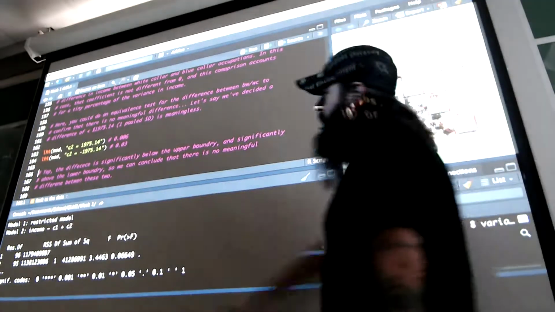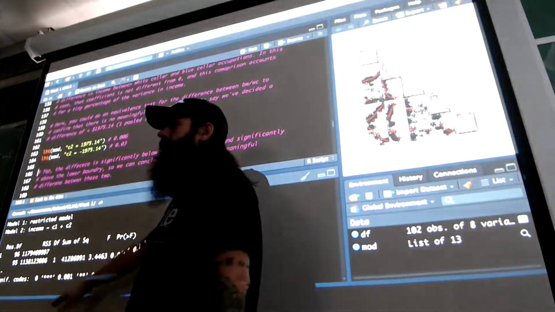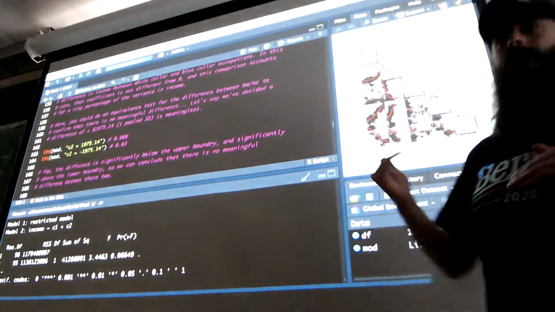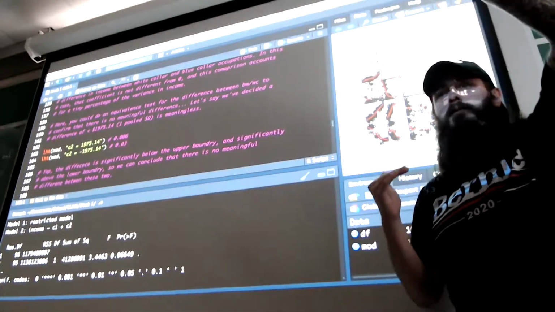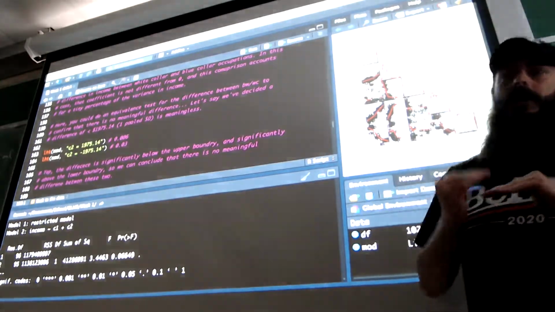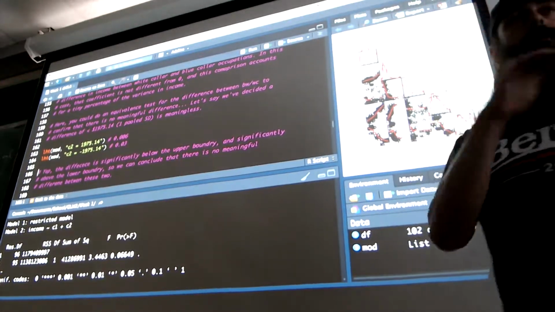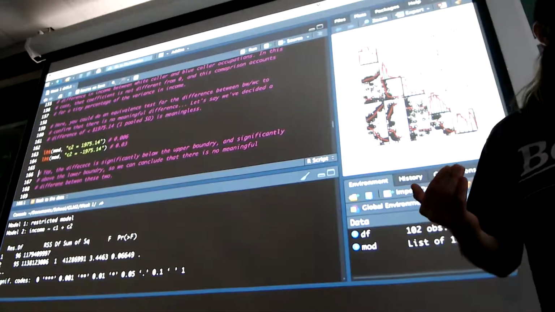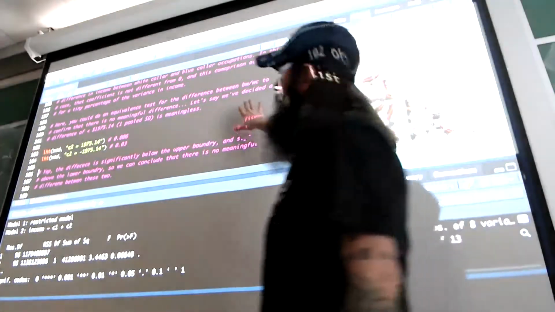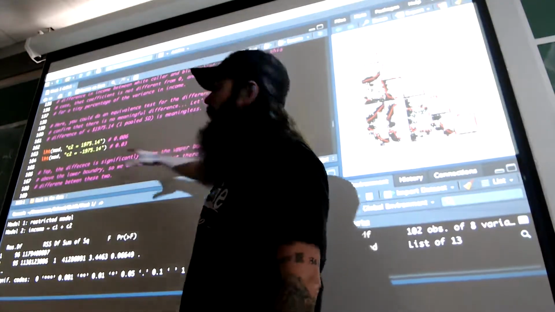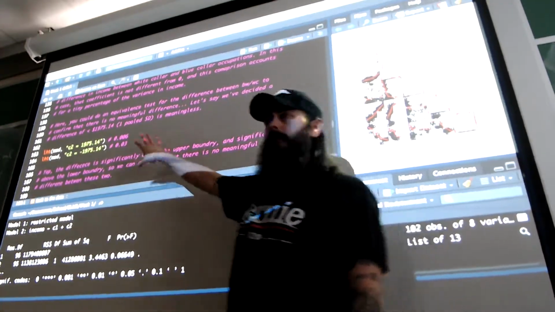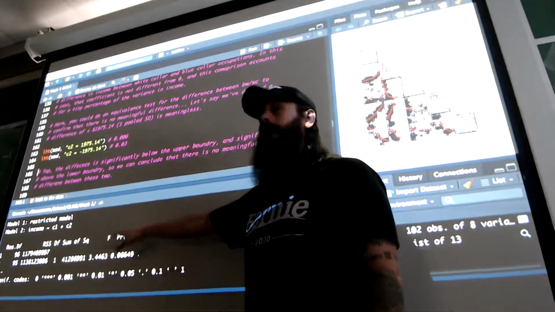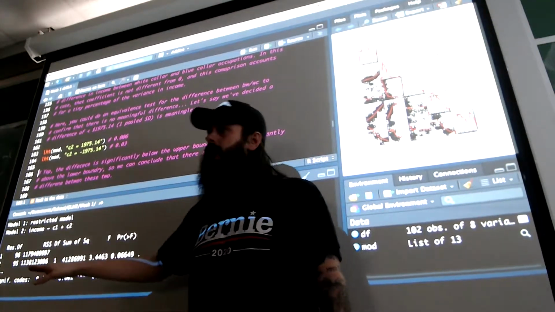So what this is telling us is that the difference between these two groups is significantly below the upper boundary, but significantly above the lower boundary of this range of values that we consider to be meaningless. So conceptually, the way to think about what it means to compare something by LHT versus simply looking and being like, yep, this one's significant, and nope, this one's not.